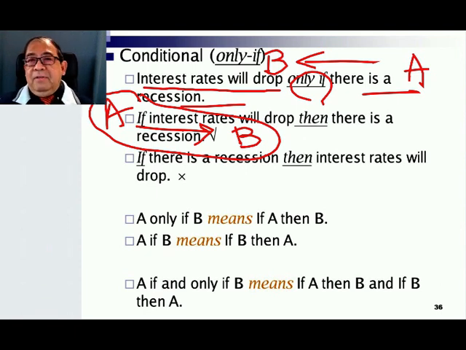Now after this only if, you may have confusion. This is a characteristic of representing knowledge from two different cultures. From the Western culture, they represent these A and B oppositely, just the opposite. They look at the result first.